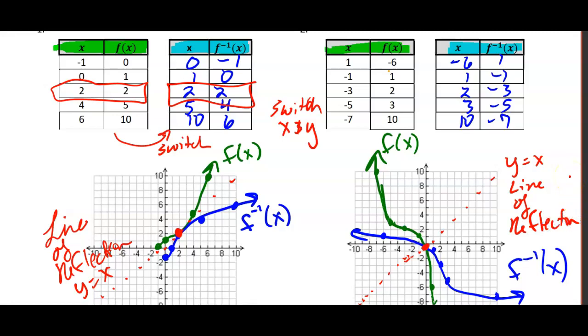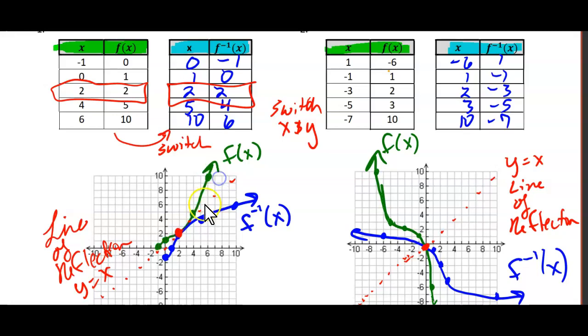Okay, essentially the way the graph works is you take your original graph. Let's look at the first graph. You take your original graph here, and if you consider this graph moving up, you pretty much turn it sideways. You flip it sideways over the line of reflection.